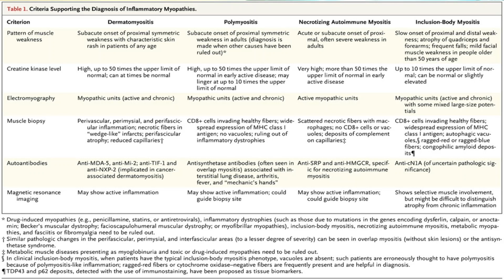In inclusion body myositis, it's very important that we have slow onset of proximal and also distal weakness, atrophy of quadriceps and forearms, frequent falls due to quadriceps lesions, and mild facial muscle weakness in people older than 50 years of age.